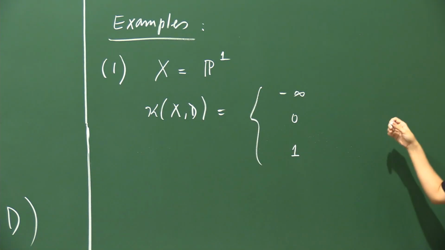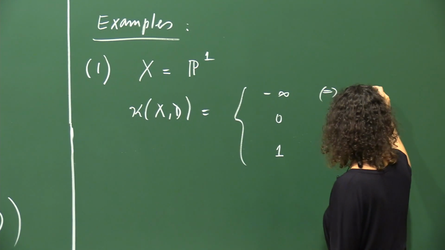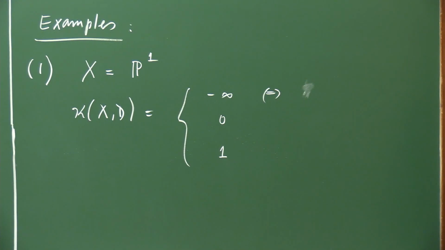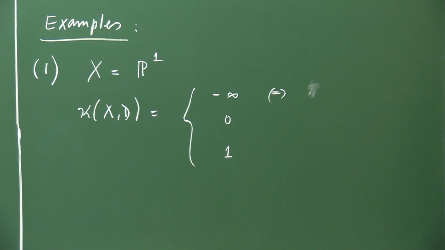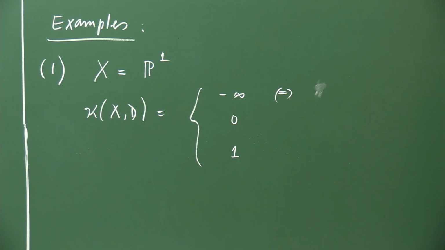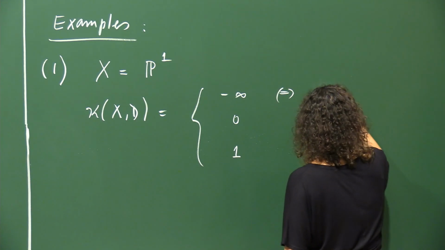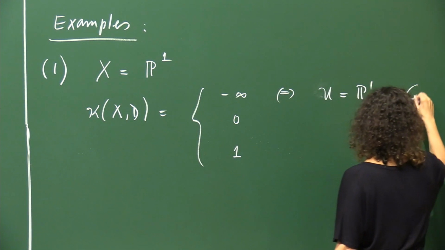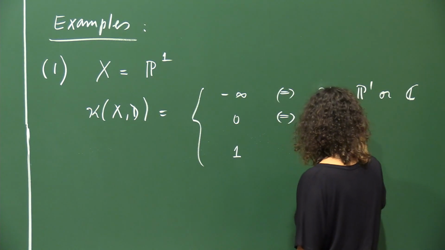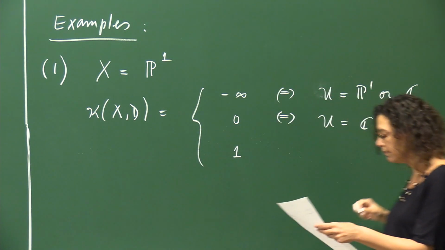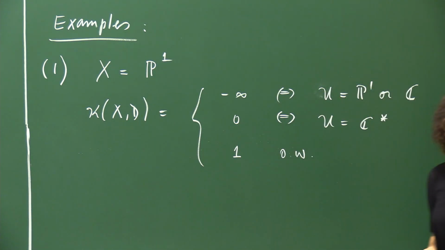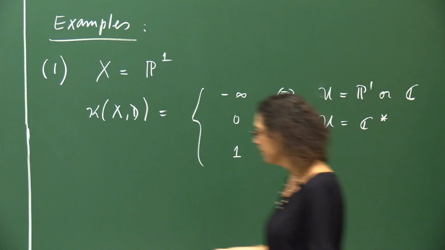It will be minus infinity if and only if U is either P1 or C. The Kodaira dimension will be 0 if U is C star. And otherwise, the Kodaira dimension is 1. So this is for dimension 1.